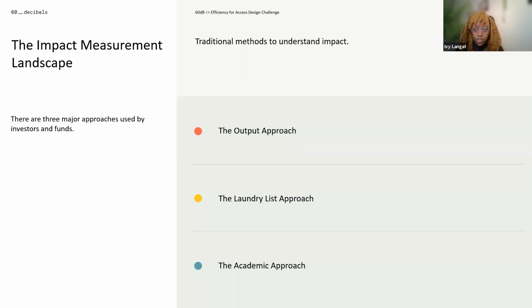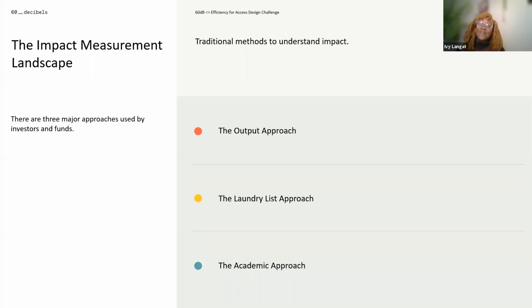And then the last approach is the academic approach. So here is where you use research to understand impact, primarily using RCTs, which are the randomized controlled trials. This is an excellent approach because you're able to collect high quality data with a comparison group that gives you a sense of the depth of your impact.